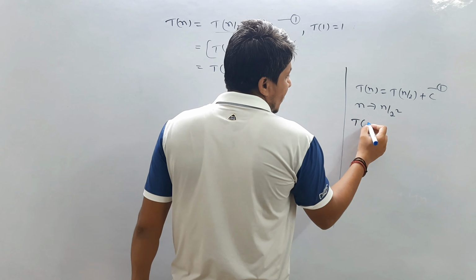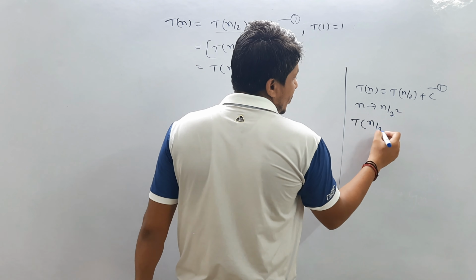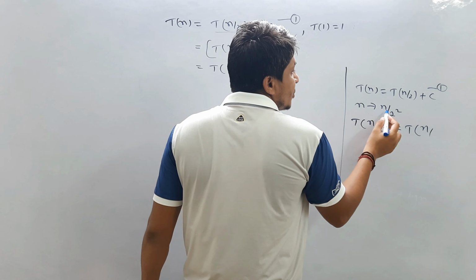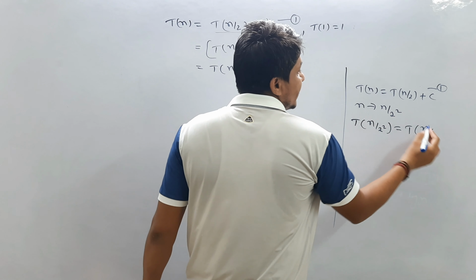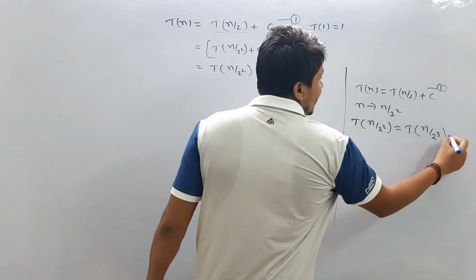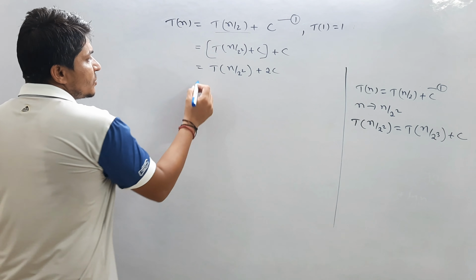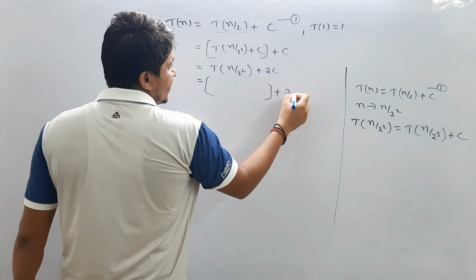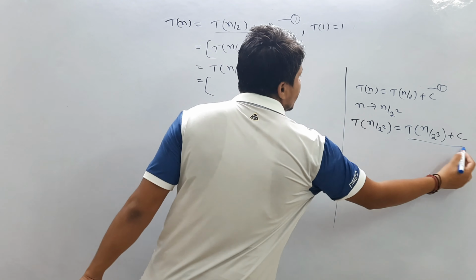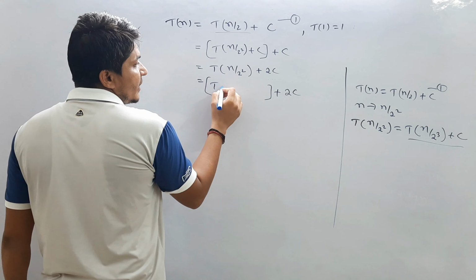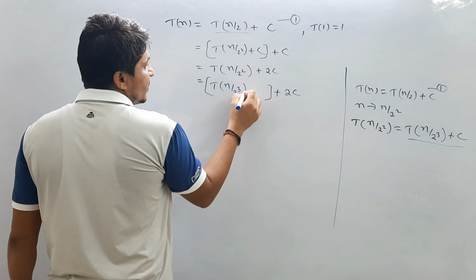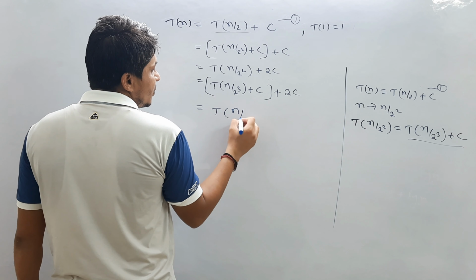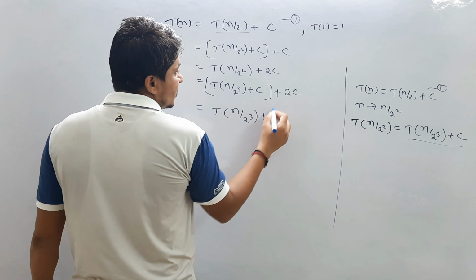Plus 2C is already there. Let me substitute this value: T(n/2^3) + C. Now if you simplify, it is going to be T(n/2^3) + 3C.